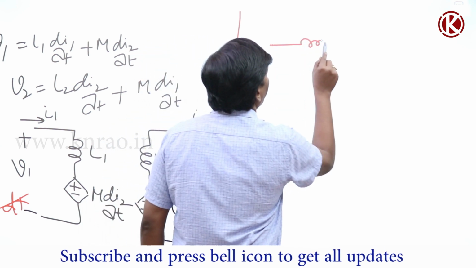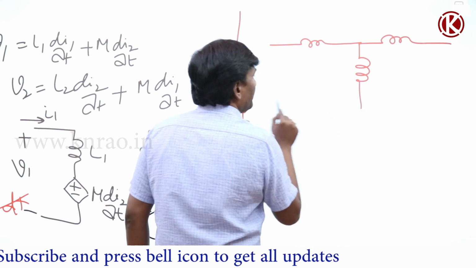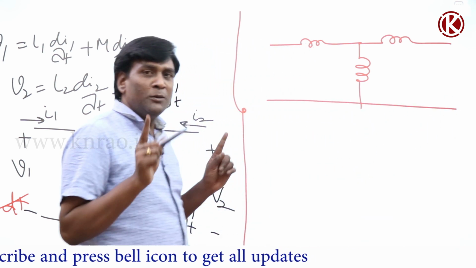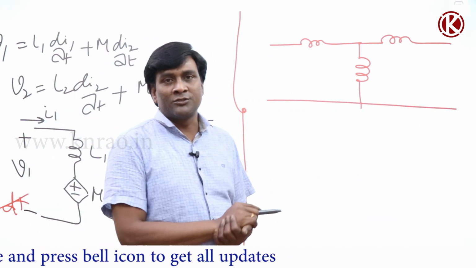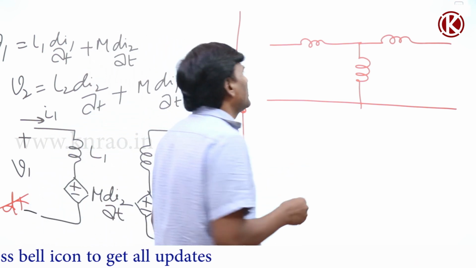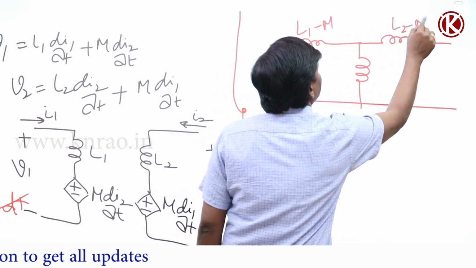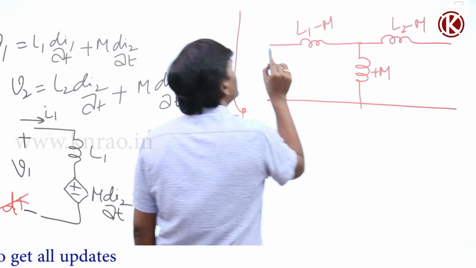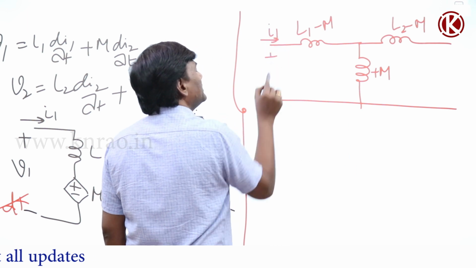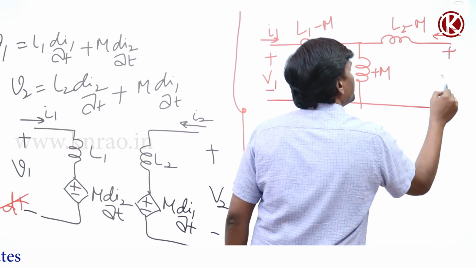Again, let me repeat, this T model is not meant for an ideal transformer. In the ideal transformer we will see how to calculate. So this is L1 minus M, this is L2 minus M, this is plus M. This is I1, this is V1, and this is I2, this is V2.